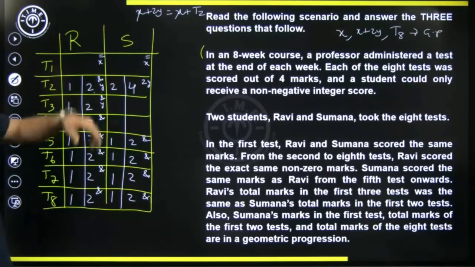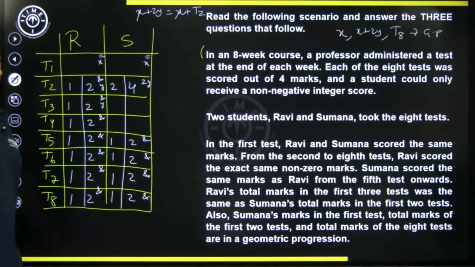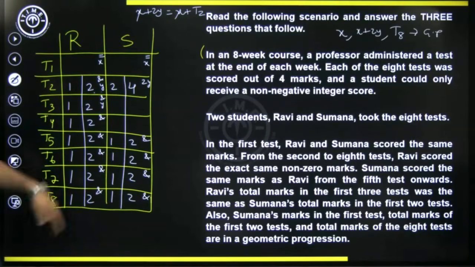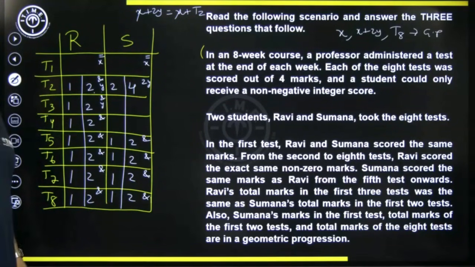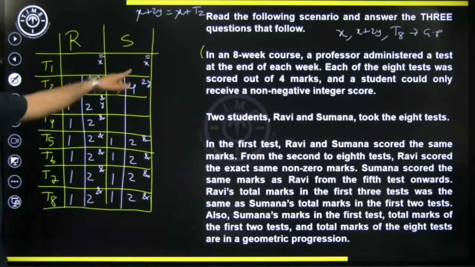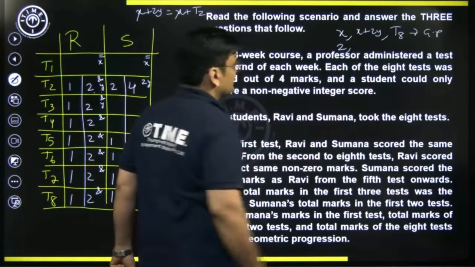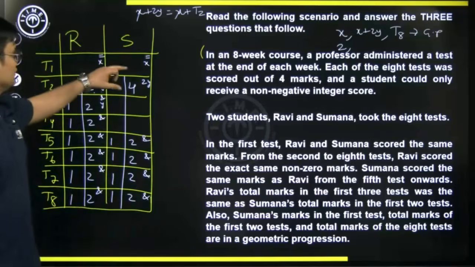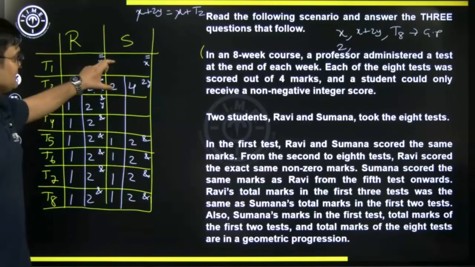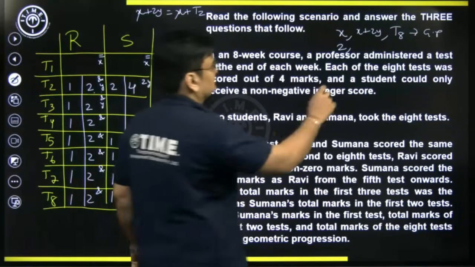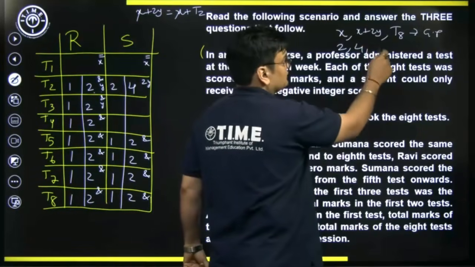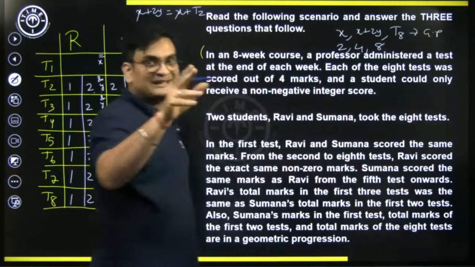x plus 2y and T8 must be in GP. Now, if x plus 2y must be in GP, think about it. Can x be equal to 2? Suppose you take x as 2. If this is 2, what will be this plus this? It will be 4. That means the score is getting doubled. So the total score for 8 tests should be 8, right?